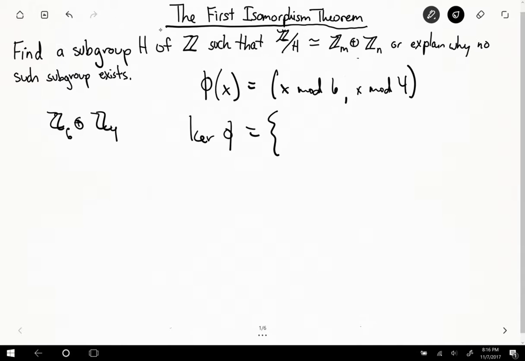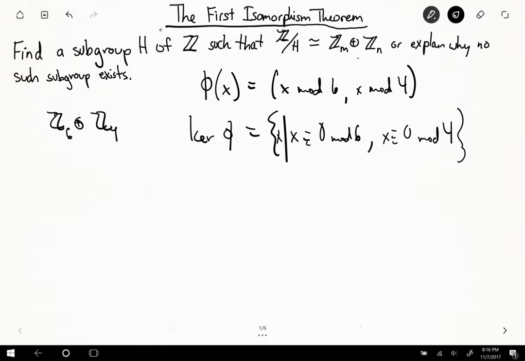Well, that would be the x such that x is congruent to 0 mod 6 and x is congruent to 0 mod 4. And you might say, oh, well, that should be nice and easy for us. And then when you start to think about it, it's not 24 anymore.